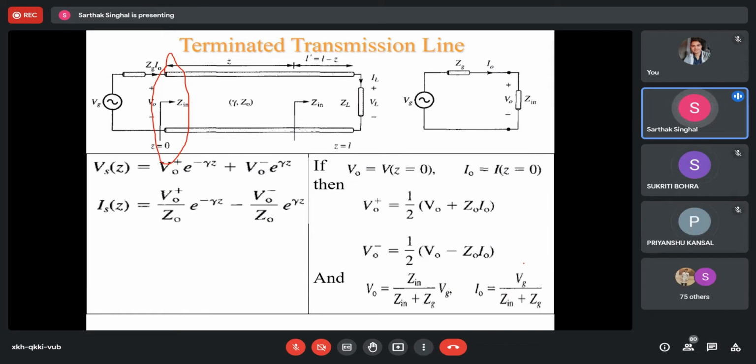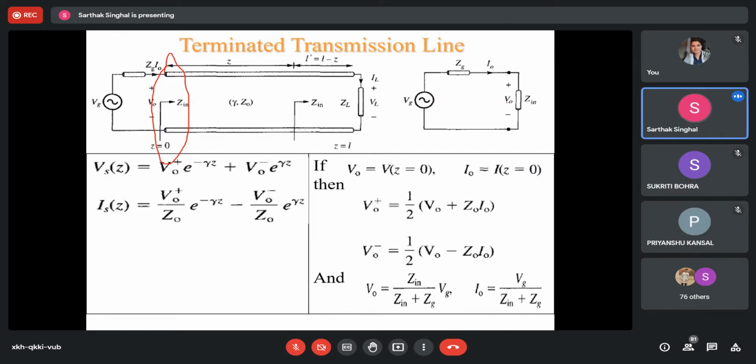And this two-wire transmission line was modeled with this simple equivalent circuit, in which we have replaced this entire transmission line with an impedance of Zin, which is input impedance, which is looking into this transmission line from this source end or the generator end, right?